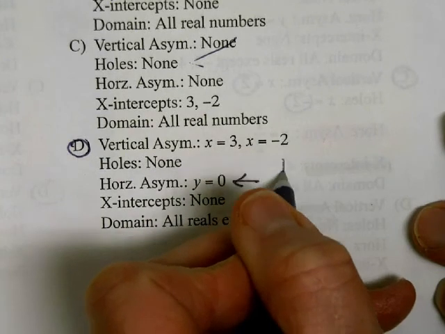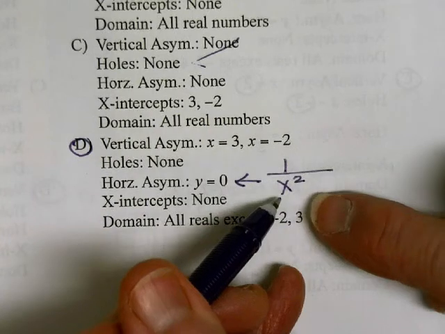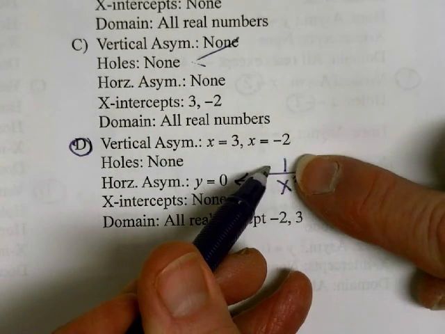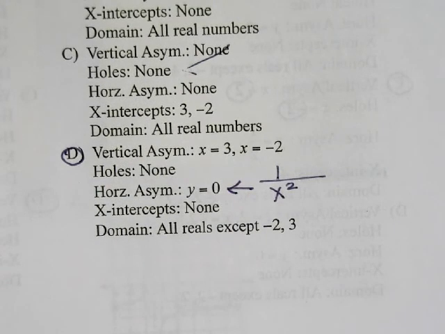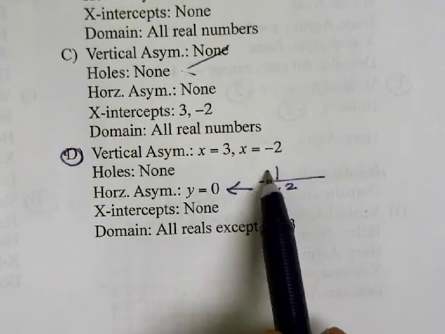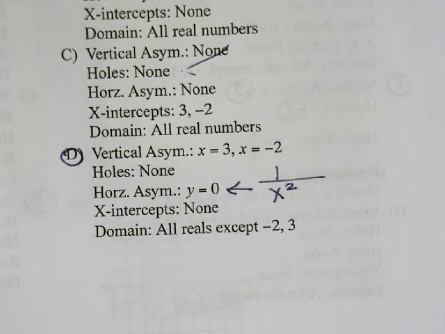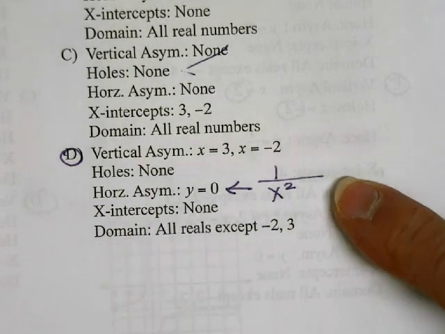And then the horizontal asymptote was because of the power. It was 1 over x squared, and I can't take x squared times anything to get 1, so the quotient is 0. It could be 1 over x squared, 1 over x to the 4th, 1 over x to anything, if there's a constant in the top. And we already talked about why the x-intercepts, because of the 1.